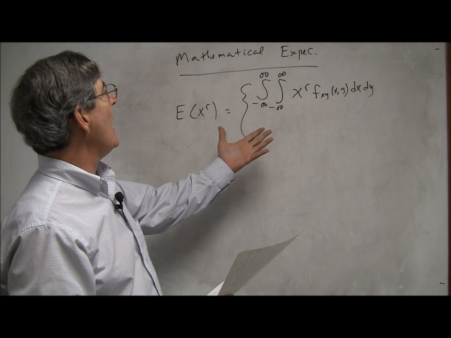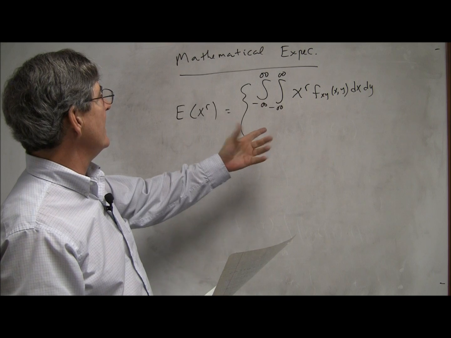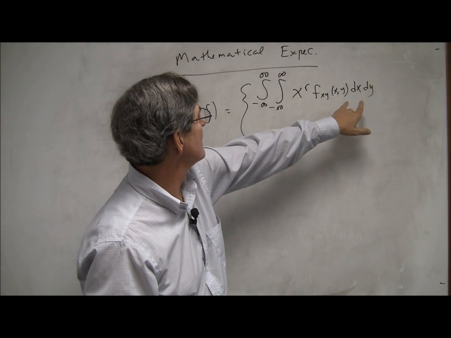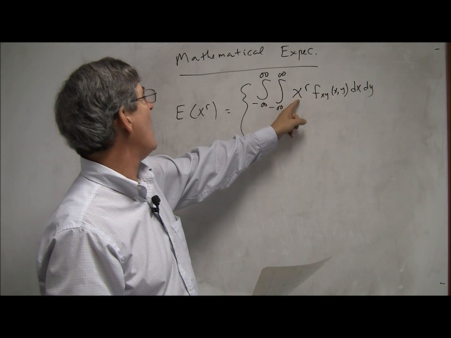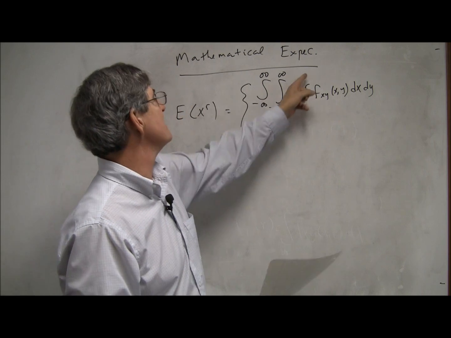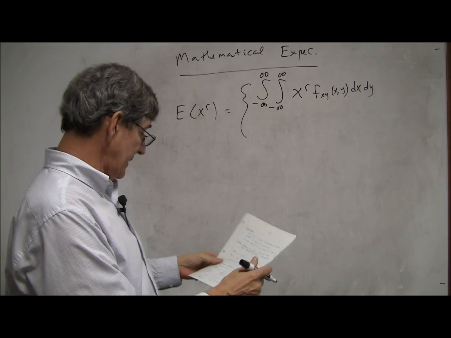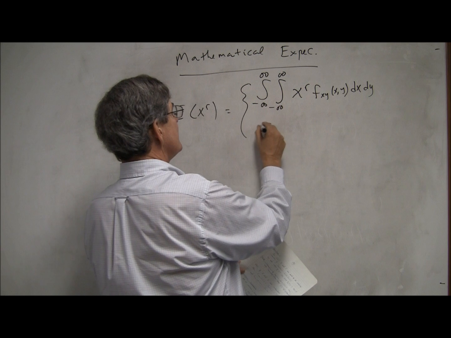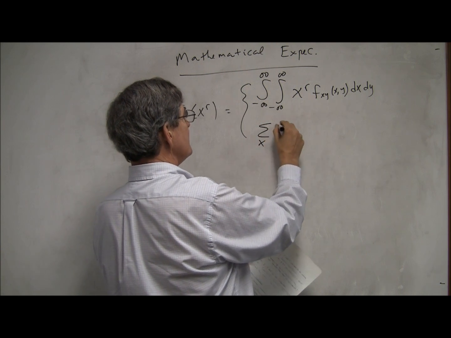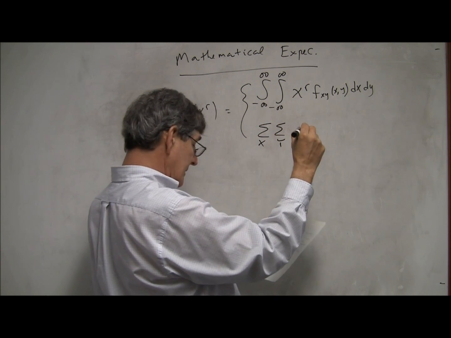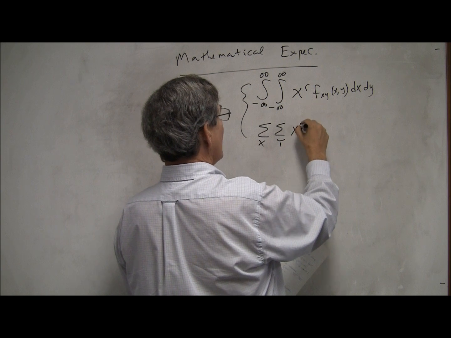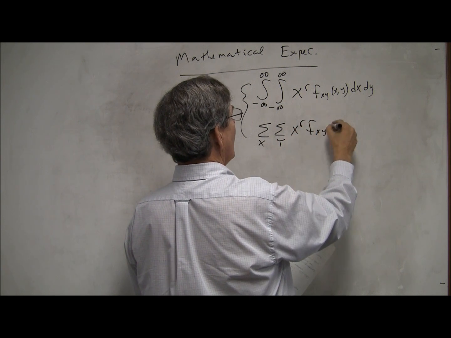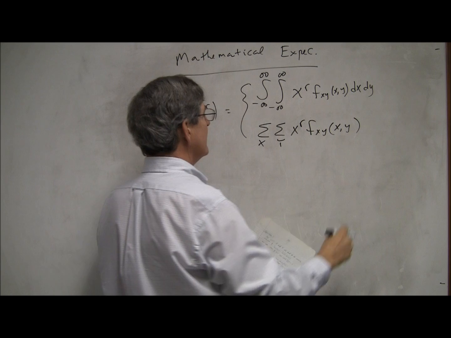So it's just like with a univariate, except we have to sum over both variables. It's just the outcomes times the probabilities: the outcomes to the r power times the probability. If it's discrete, it's the sum over the x outcomes, the sum over the y outcomes of x to the r f_xy of x and y.